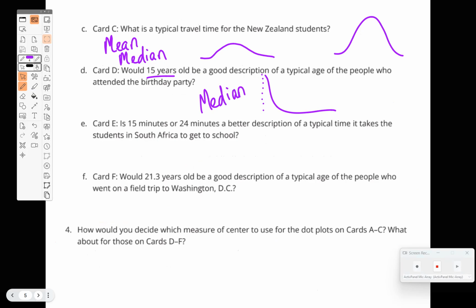Why was my mean higher or greater than the median? What happened? Okay, wait, Tyler, what happened to my mean to make it 15 years old? There's that one out at like 40 and 40. Out at 40 and 45.